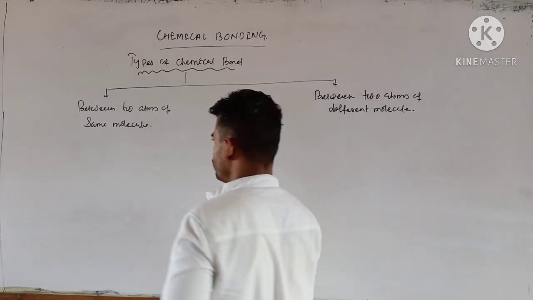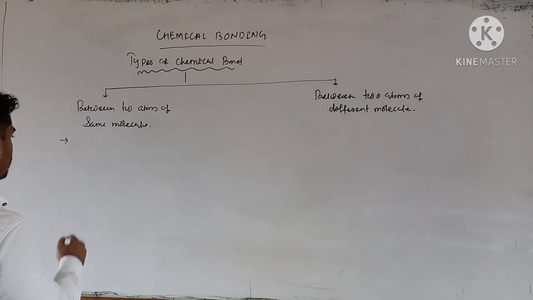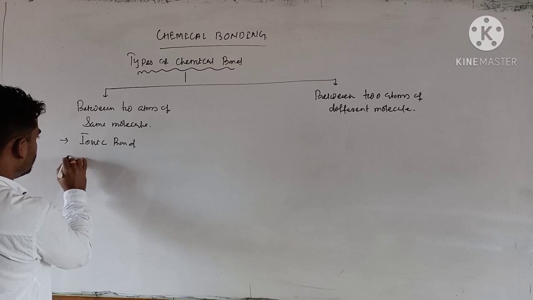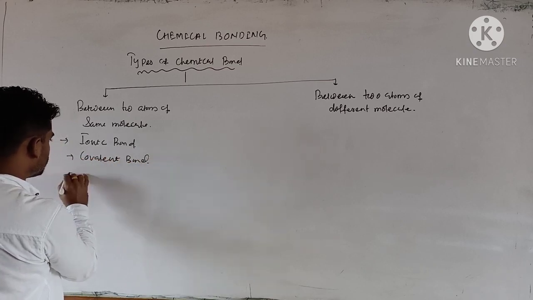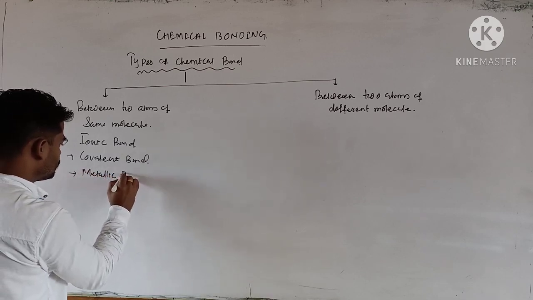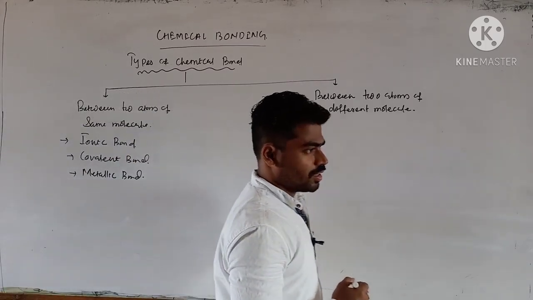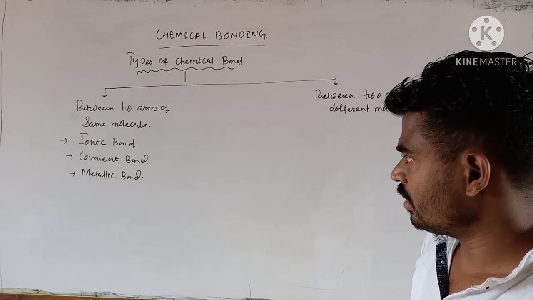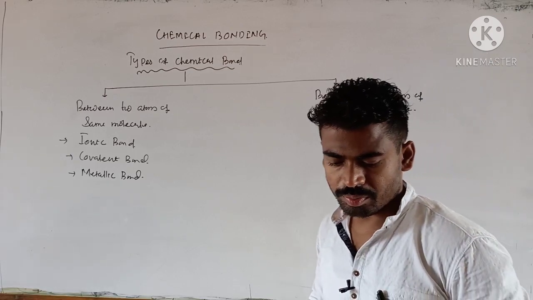So between two atoms of the same molecule, the category of interaction can be ionic bond, covalent bond. Next one you can consider metallic bond. These are the interactions or forces of attraction that are involved between the atoms of the same molecule.